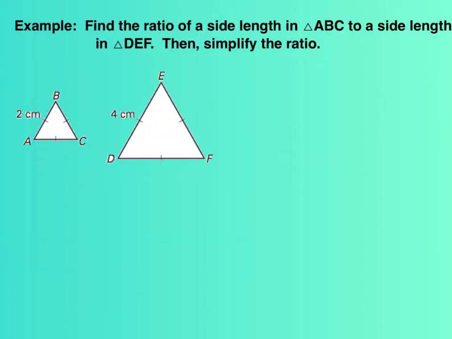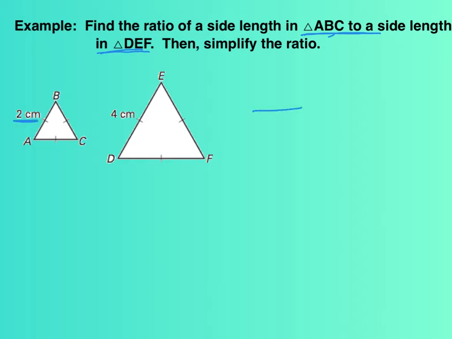So here's our first example. We're going to find the ratio of side length in triangle ABC to side length in DEF. So that means ABC is first, or on top, and then DEF is second. So ABC has a length of 2 centimeters.